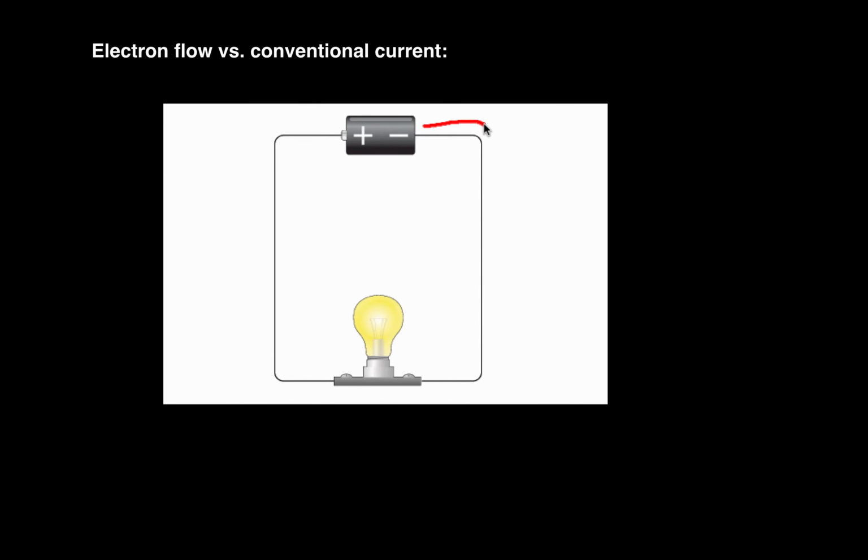Electrons flow from the negative terminal of a battery to the positive terminal. This is the true flow of current through a wire. The concept of conventional current, on the other hand, was developed before the discovery of the electron.